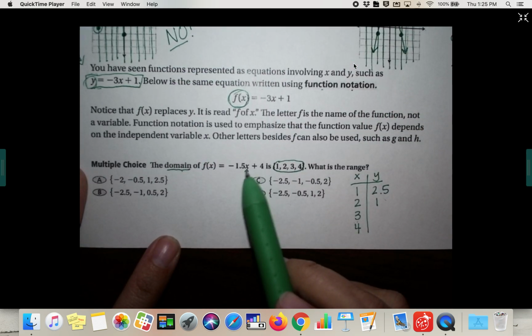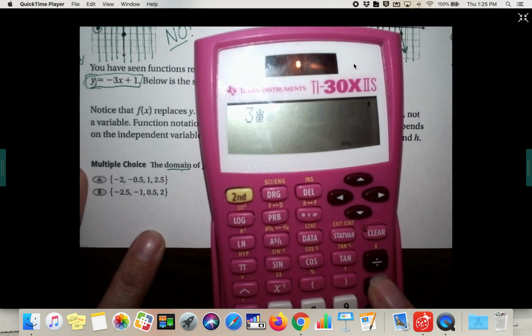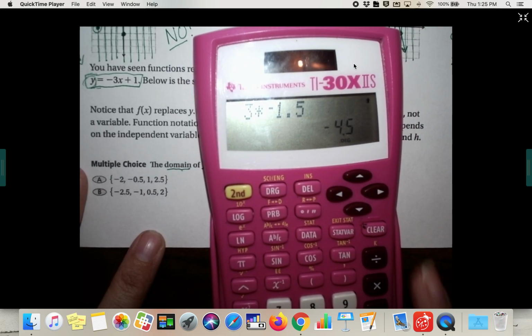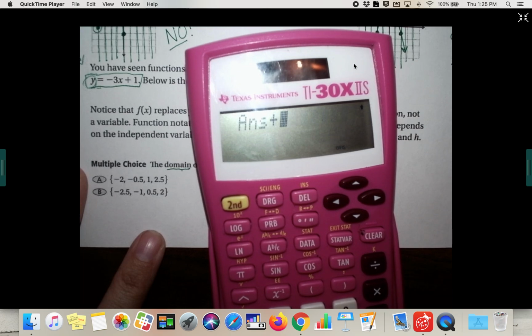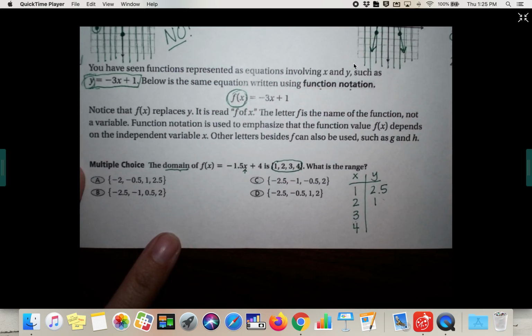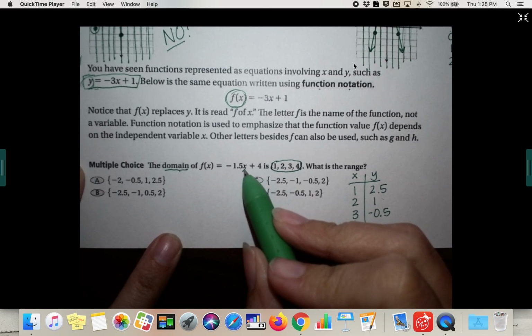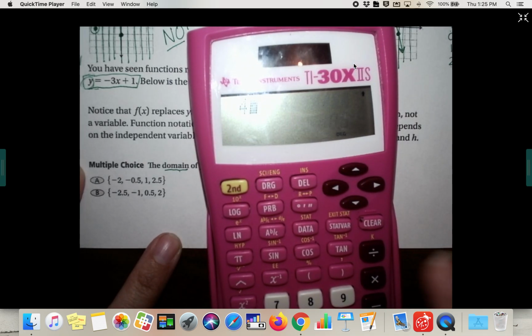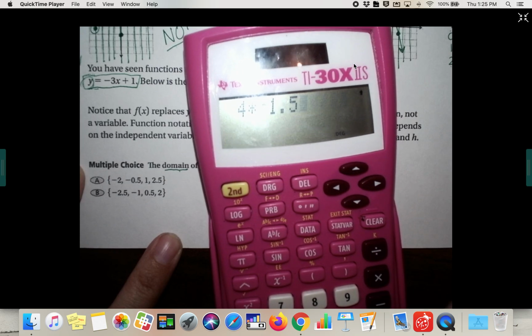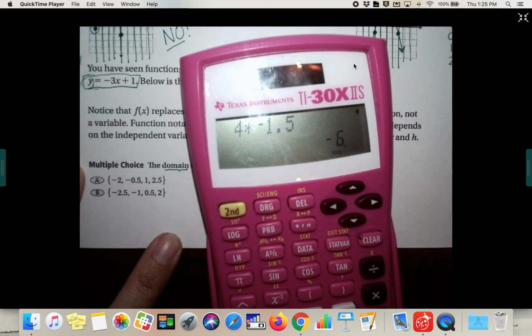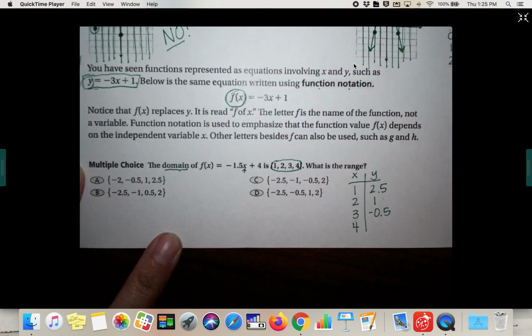Now we got 3 times negative 1.5 plus 4. Negative 0.5. And then lastly, 4 times negative 1.5 plus 4 is negative 2.